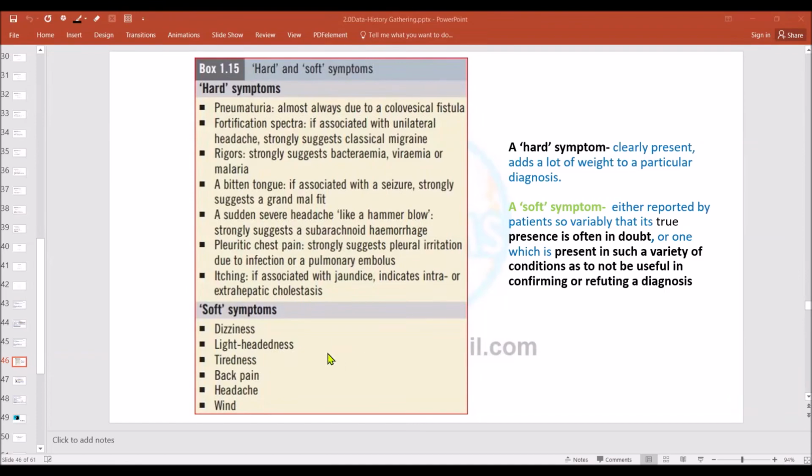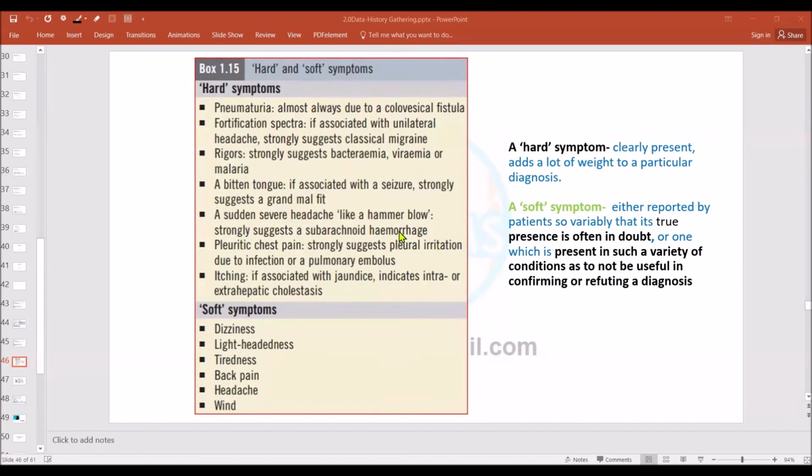Understand, doctor? So you see example of the soft symptom in the bottom: dizziness, lightheadedness, tiredness, back pain, headache, wind. These are non-specific. So these do not carry more value for the diagnosis. But above, many other symptoms. So I don't like to read it.